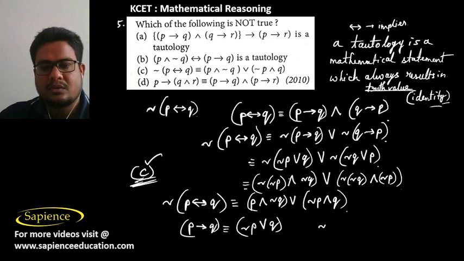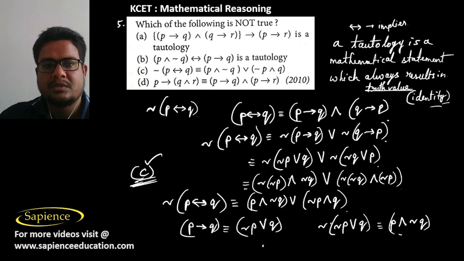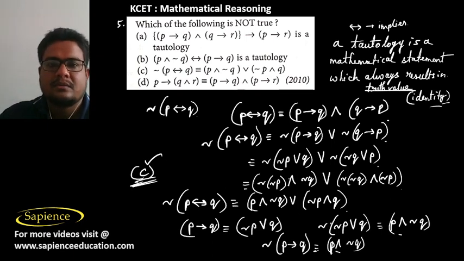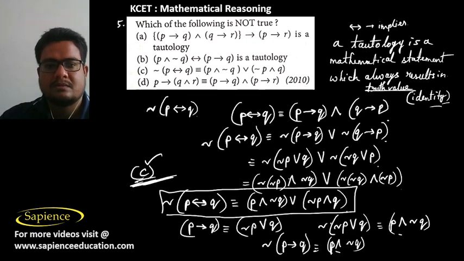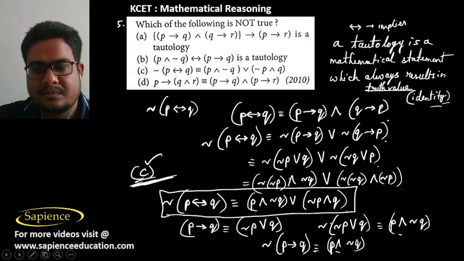That is why not of (not P or Q) is equivalent to P and not Q. So option C only is the correct answer, since the left hand side is coming equal to the right hand side.